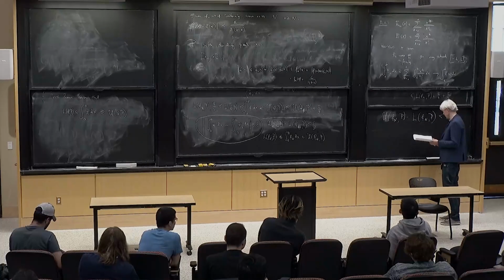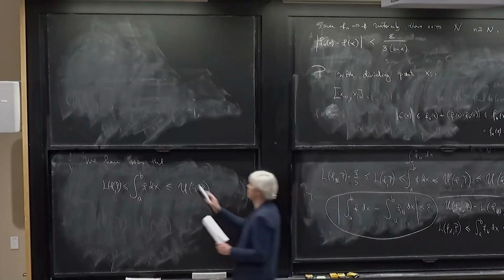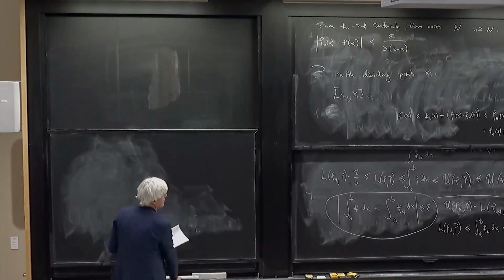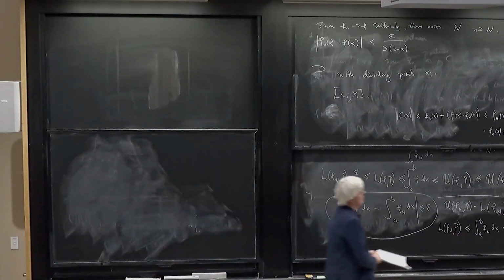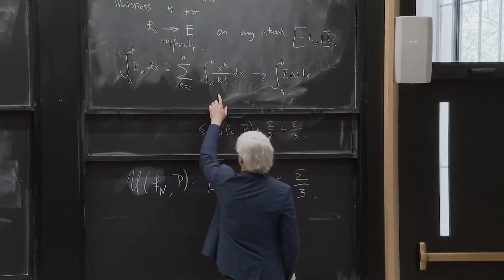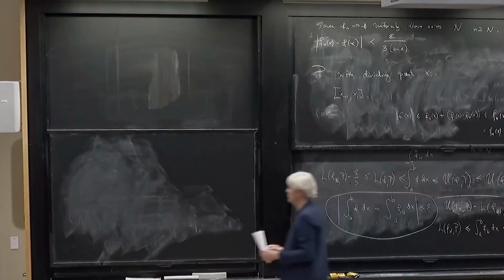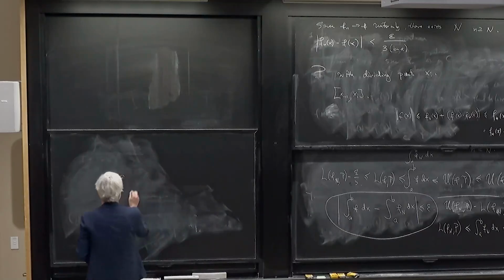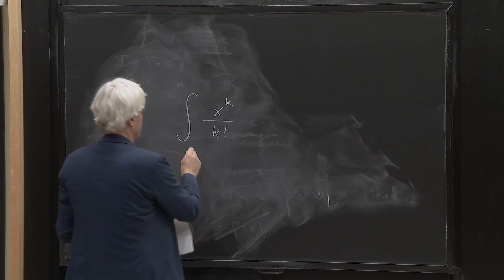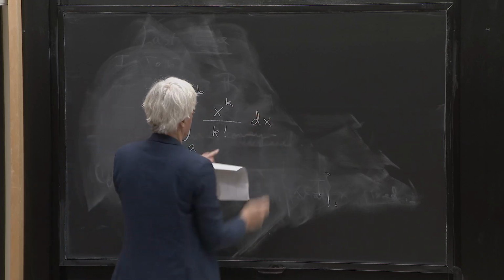I had wanted to do one more thing, but I don't have time to do that quite, so I'll pick up on that next time. But let me just observe that when you're integrating x to the k over k factorial, a polynomial, you're using the fundamental theorem of calculus.